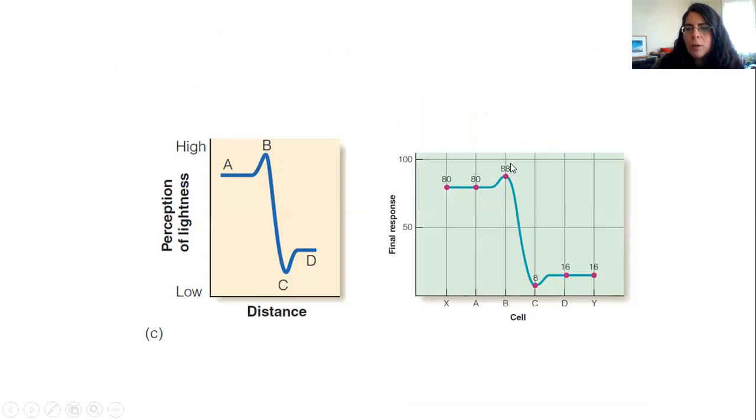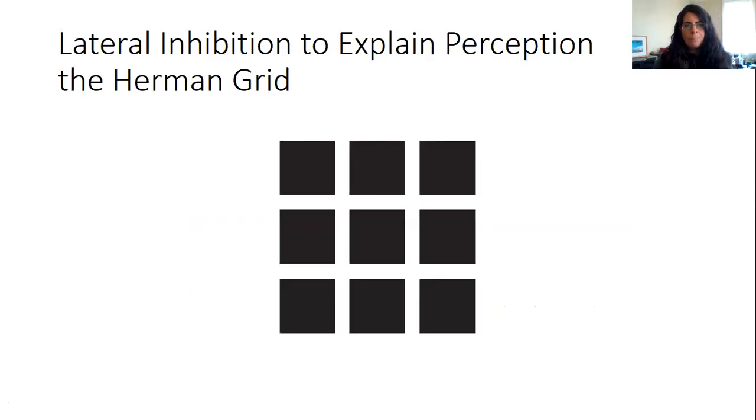So if we chart the energy that's being sent to bipolar cells, given the figure that we were just looking at, our perceptual experience, our graph or chart of our perceptual experience, is a match to the responding of the bipolar cells when receiving inhibitory messages from their neighbors. So lateral inhibition does a really nice job at explaining this type of phenomenon.